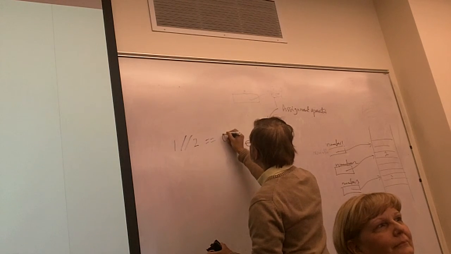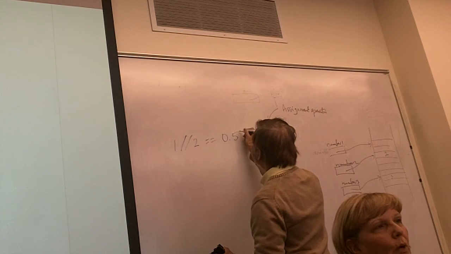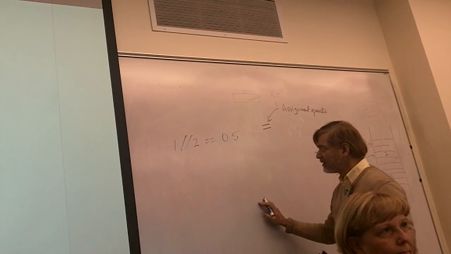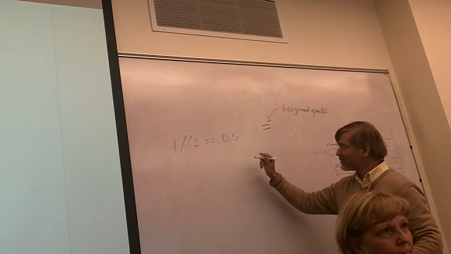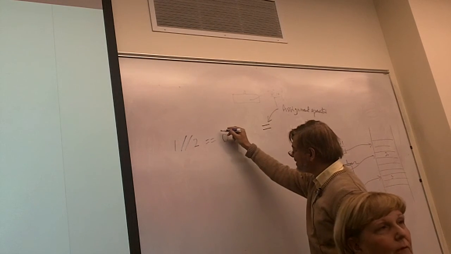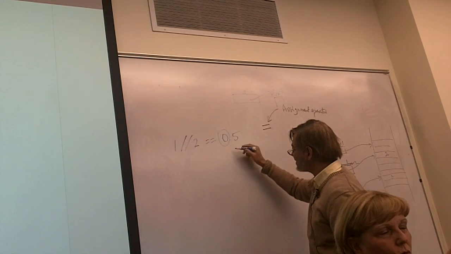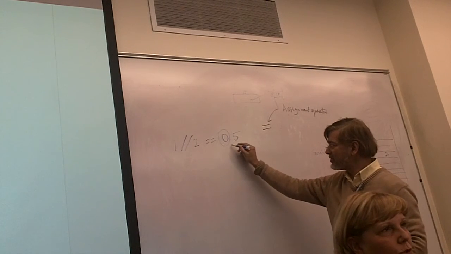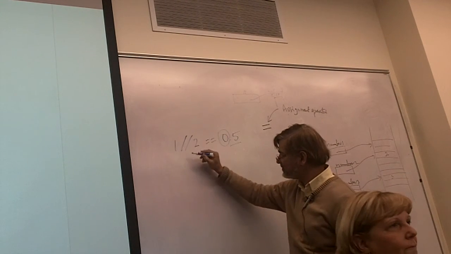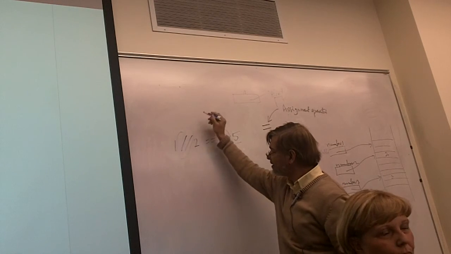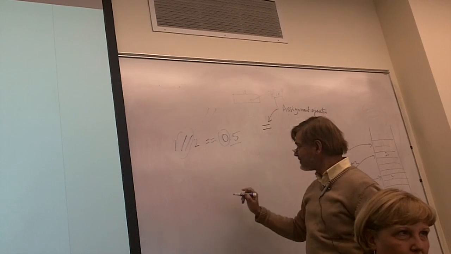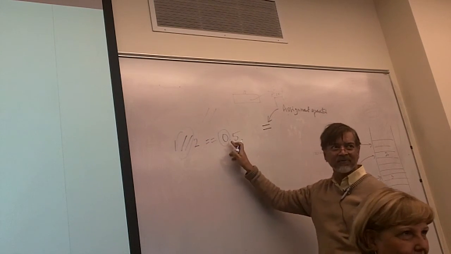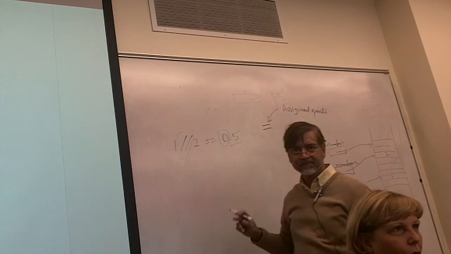So the integer part is, well, if you can call it that, 0. It throws away the fractional part. This integer division, the 2 slashes, just gives you what's before the decimal point.